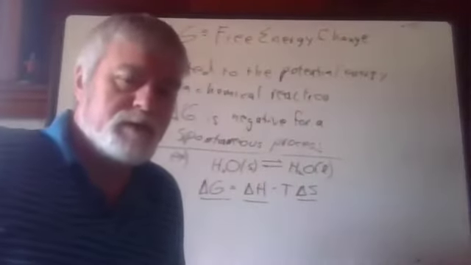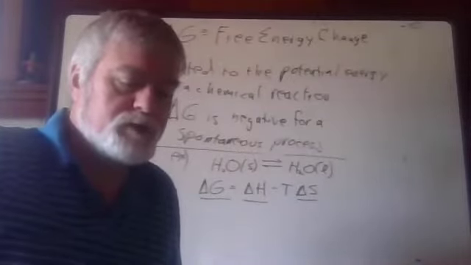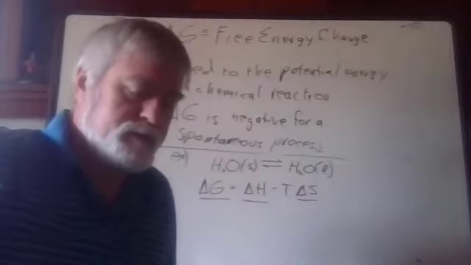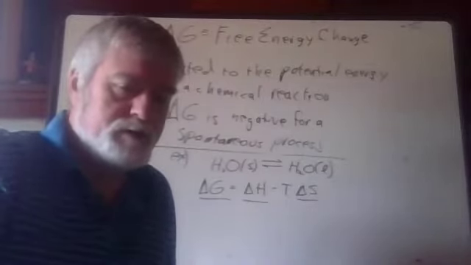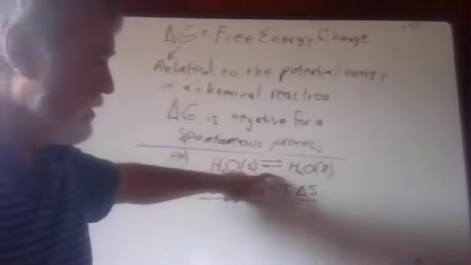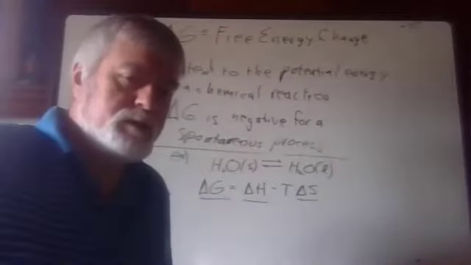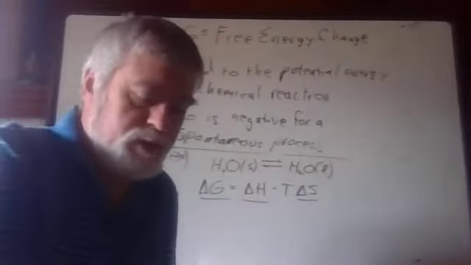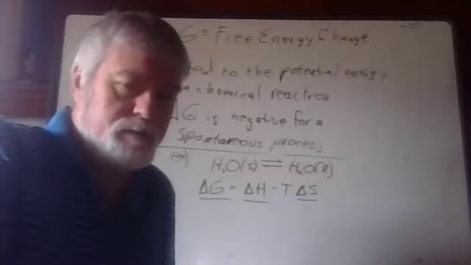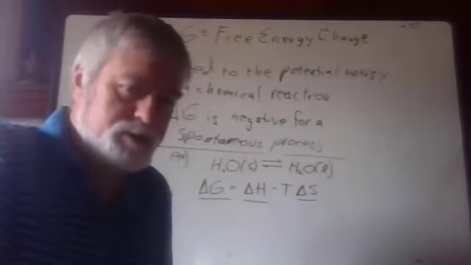So a negative delta H, exothermic, means that a reaction is releasing heat. Positive delta H, endothermic, means a reaction is absorbing heat.